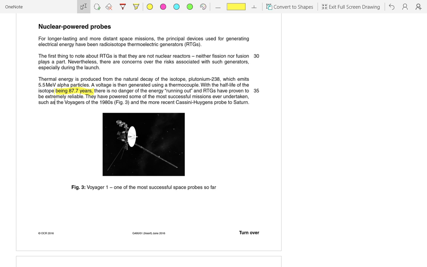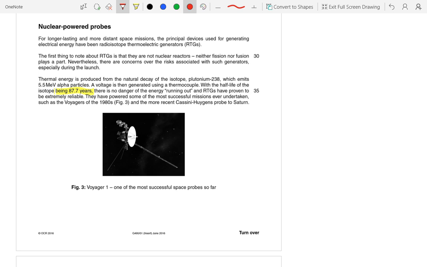Like it says, no danger of the energy running out, because it's a very long time, and space missions don't tend to last that long. I think Voyager was launched about 25 to 30 years ago, and that's managed to get out of the solar system. So you can travel a long way in 90 years, and it's not something to particularly be worried about.